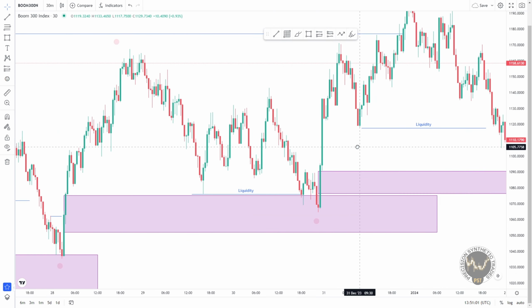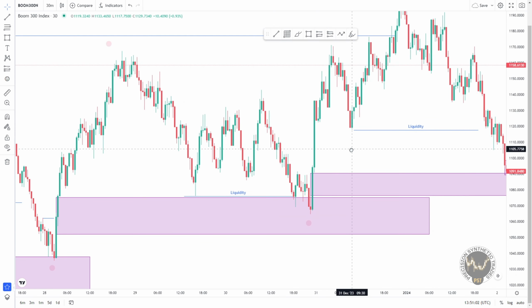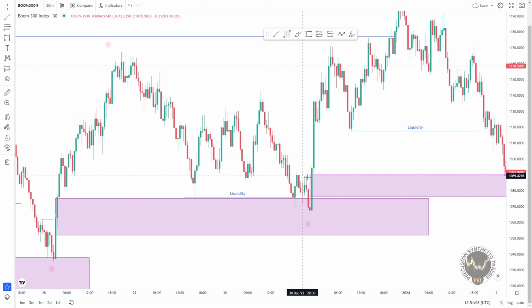Then again here, exactly the same. This internal high was the high that was created that took out this low, and then the price came up and broke it. So that's going to be my market structure shift.